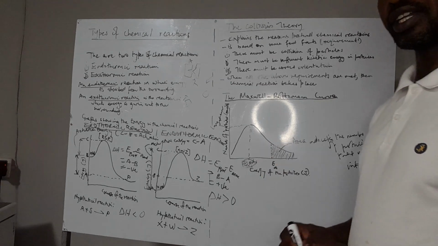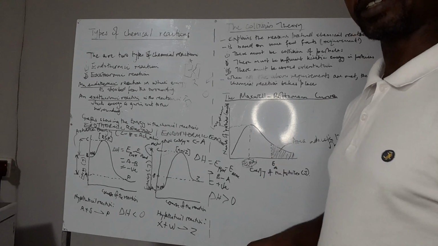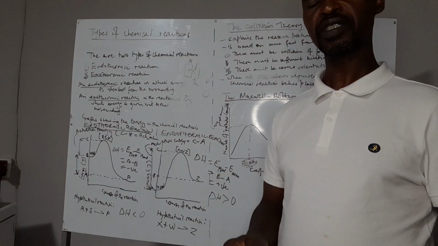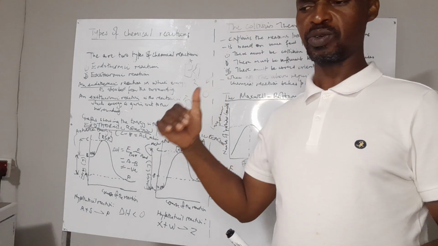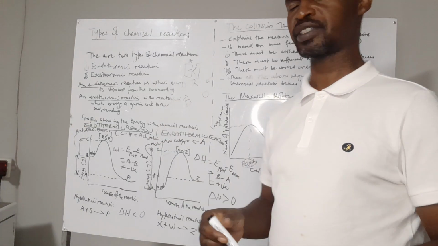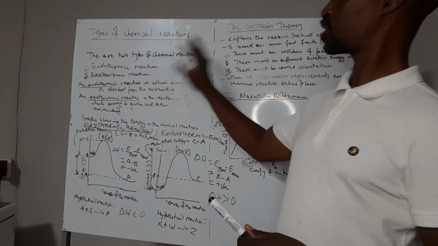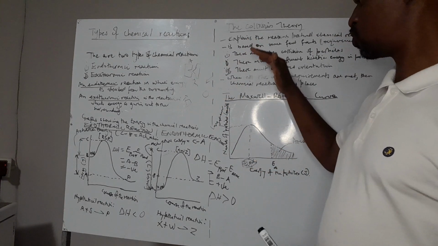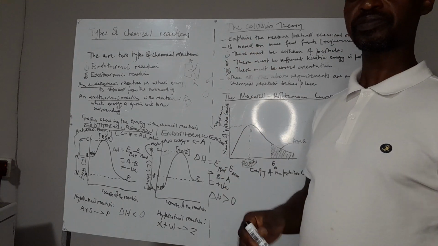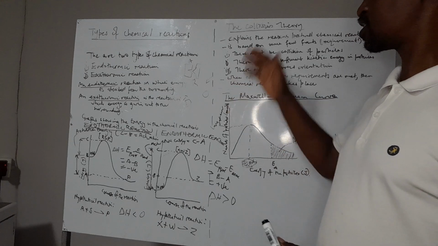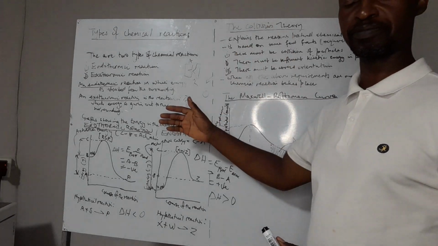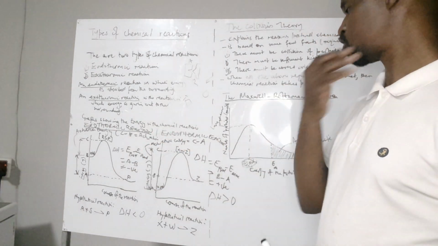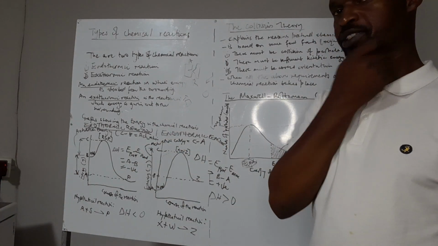Now, I'll also have to explain to you in the next moment, when we answer questions on the rate of chemical reactions, why some reactions will take place faster or at a higher rate, and some reactions will take place at a lower rate.